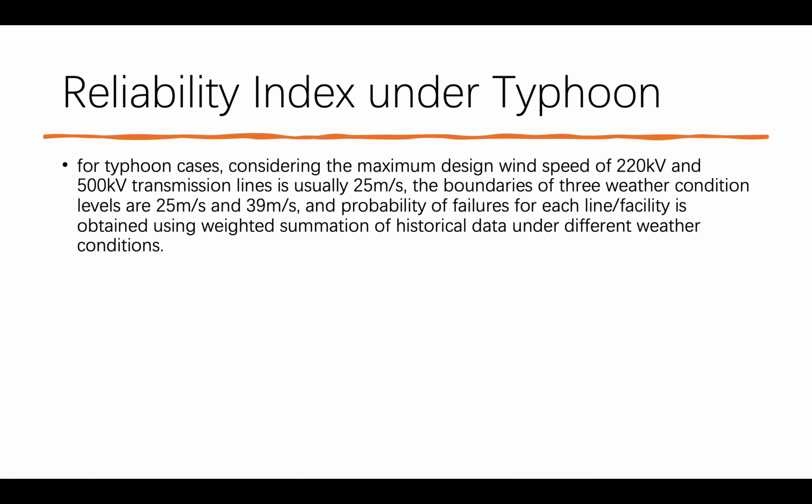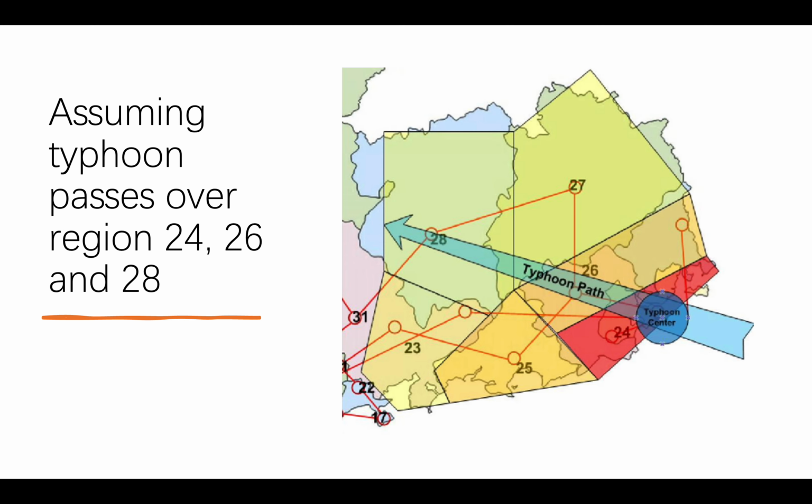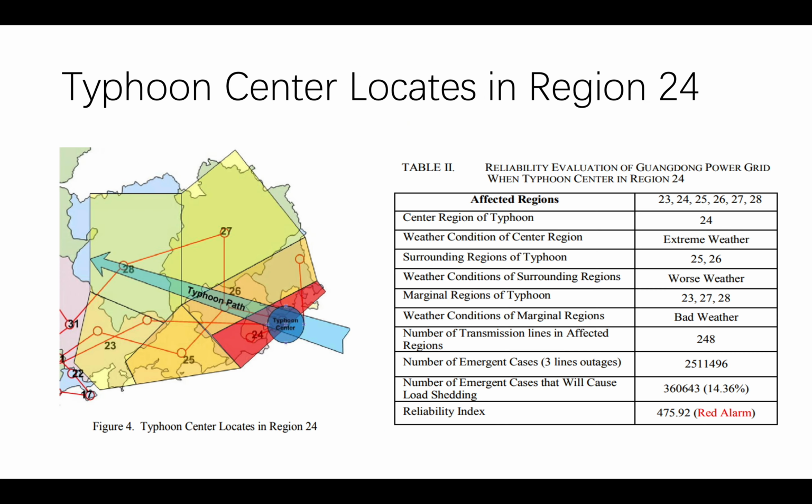The probability of failure for each line and facility is often obtained using weighted summation of historical data under different weather conditions. We assume the typhoon passes over the regions from 24 to 28 in the picture, and we can get the reliability evaluation with the typhoon center located in region 24.